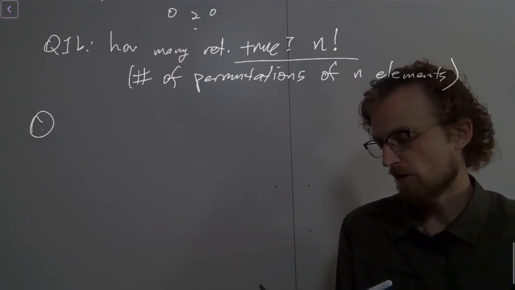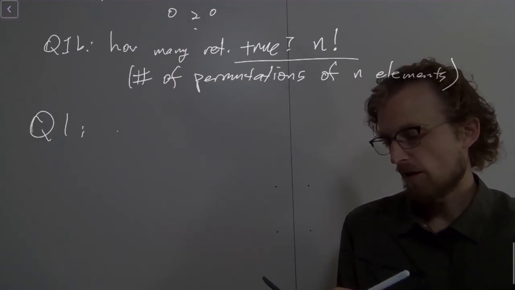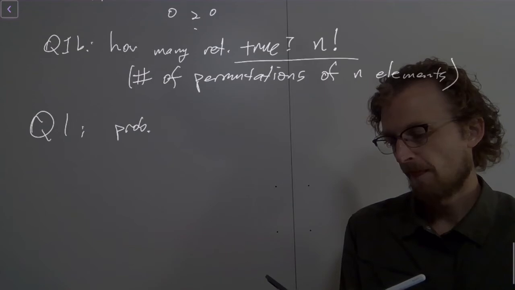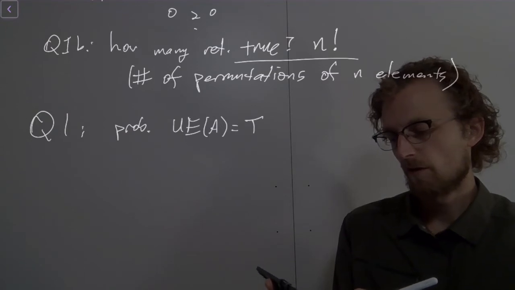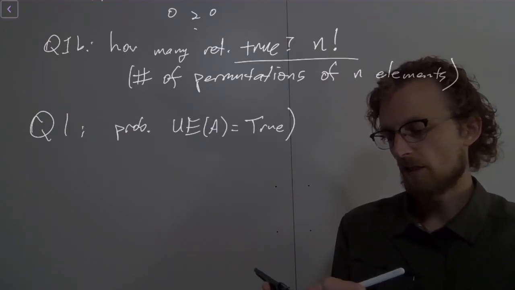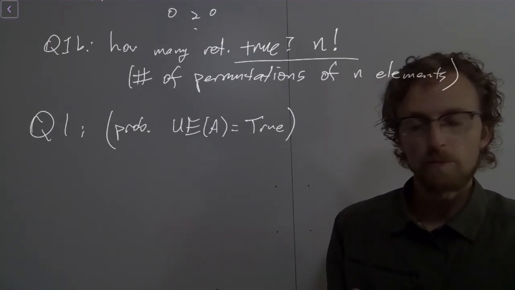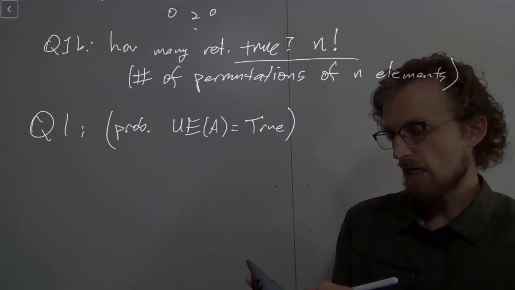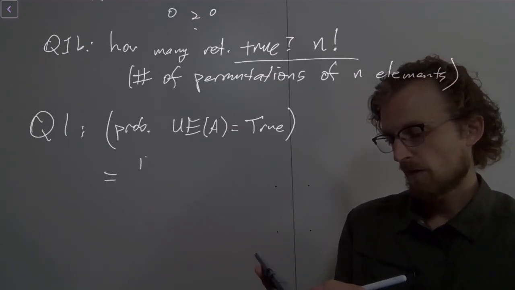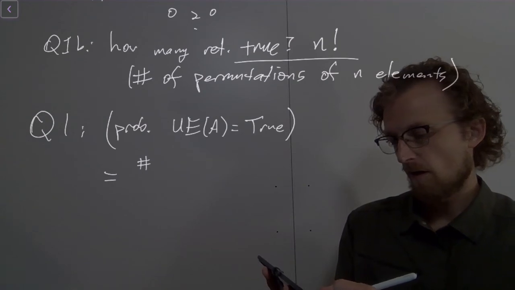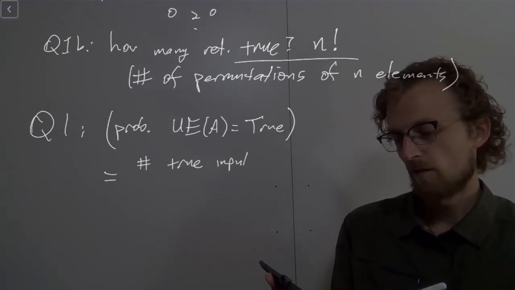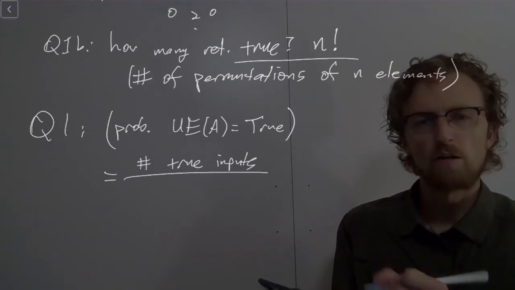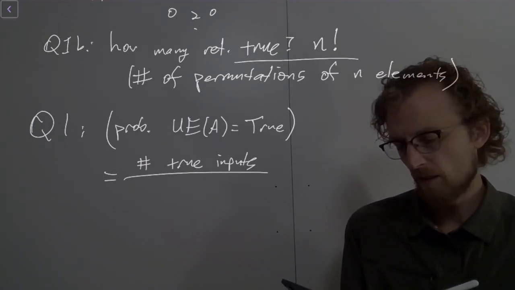So back to question 1, the probability that UE of A is true. This probability is a number. This is equal to the number of true inputs. I'm being a little bit flippant here, a little bit informal, but this is correct.